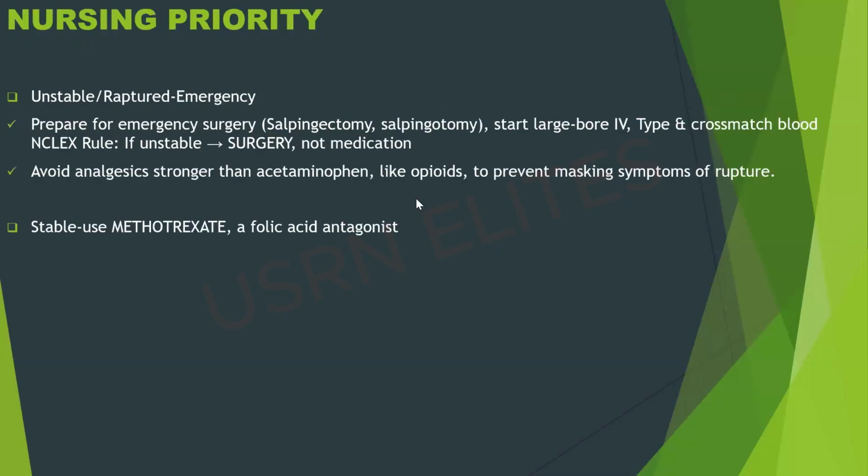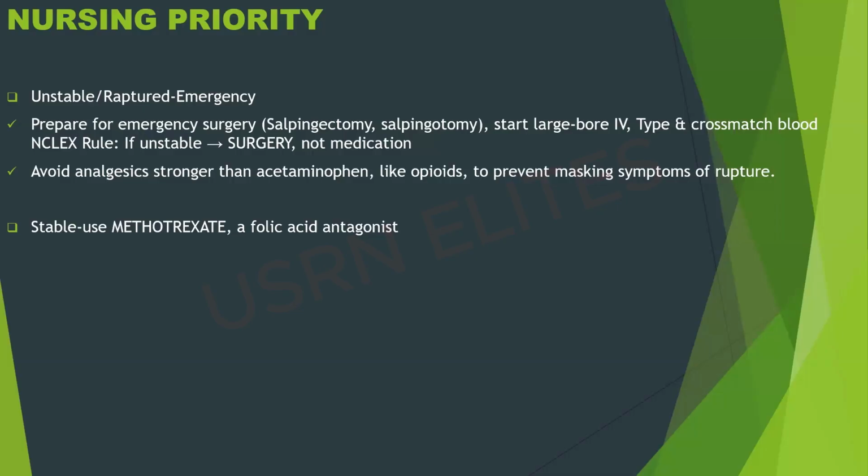So how are you going to care? And with a rupture, we assume the patient is unstable. Once there's a rupture, we need a quick intervention. So that one is not about giving fluids, it's not about whatever. That's not your priority. Your priority is to prepare, because once it's an emergency, you have to prepare the patient for emergency surgery.